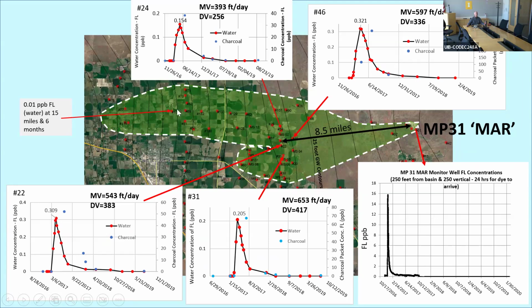And at the 15-mile distance at this location, the fluorescein dye was detected in water samples, not charcoal, at 0.01 parts per billion, so it's an extremely low concentration of dye. Most of these others at the 8-mile distance are running about 0.2 parts per billion, and that's pretty typical of our concentrations.